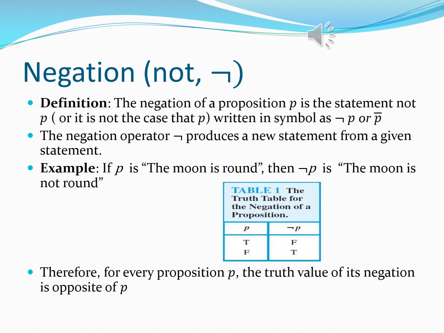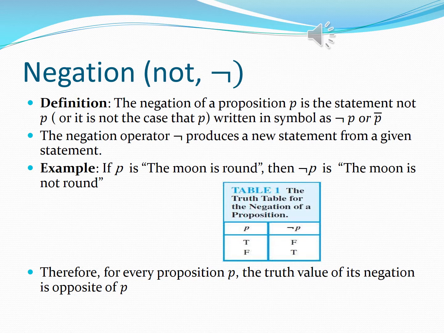Negation, or sometimes we use this symbol for negation. Definition: The negation of a proposition P is the statement "not P," or "it is not the case that P," written in symbols as ¬P, P bar, or P prime.